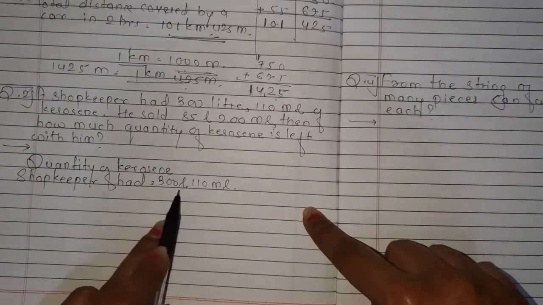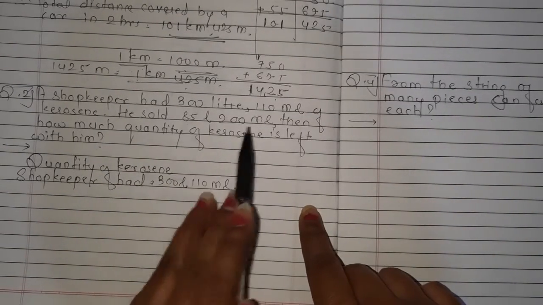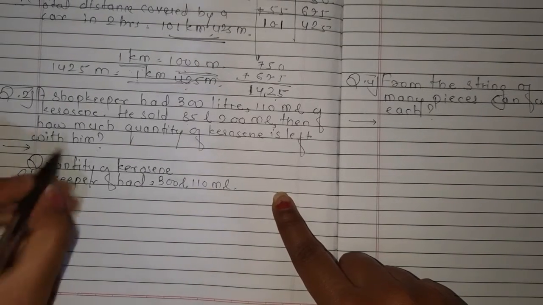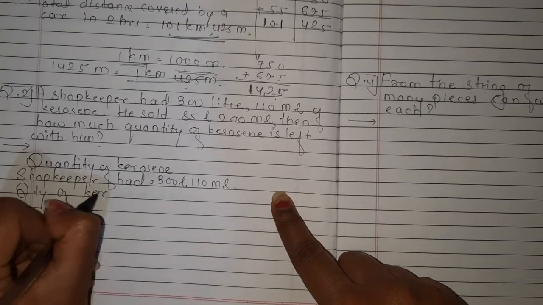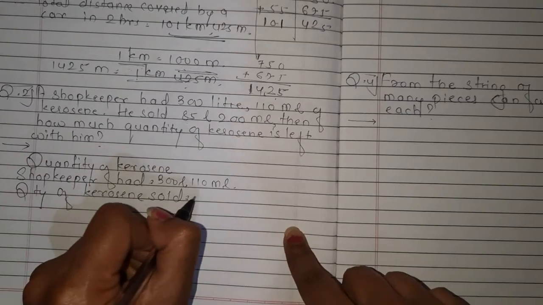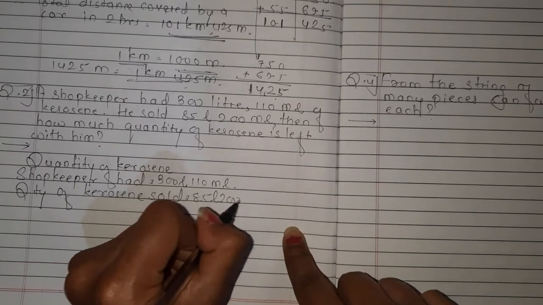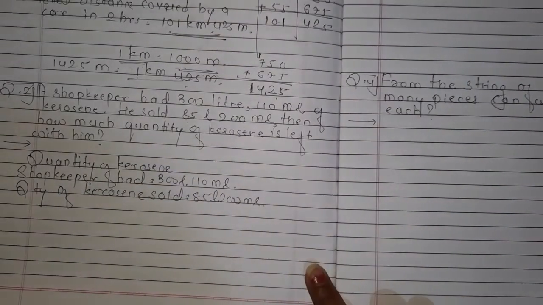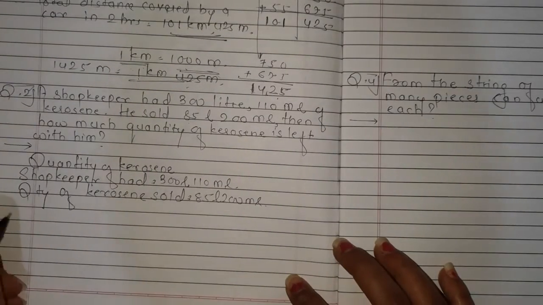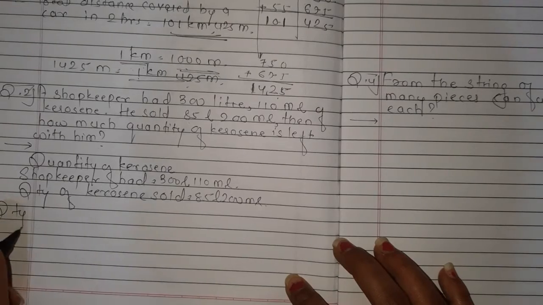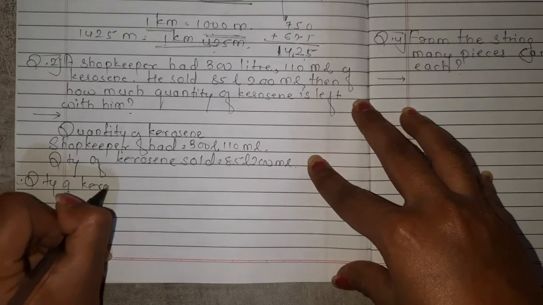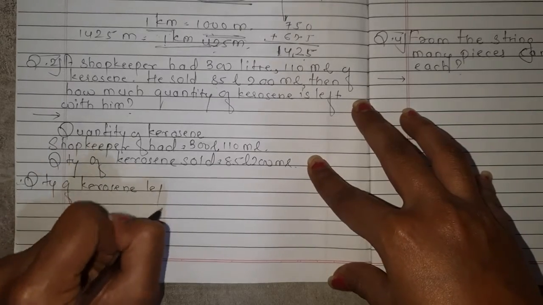Then out of this he sold 85 liters 200 milliliters of kerosene. So quantity of kerosene sold is 85 liters 200 milliliters. We have to find out the quantity of kerosene left with him. So therefore quantity of kerosene left.